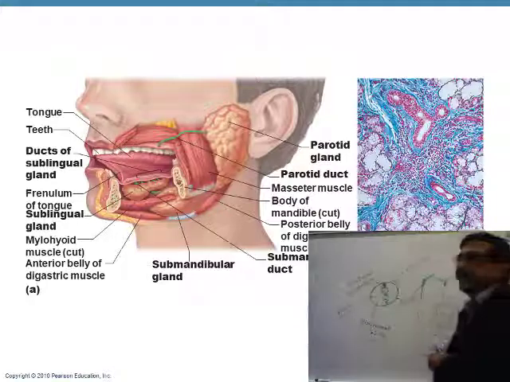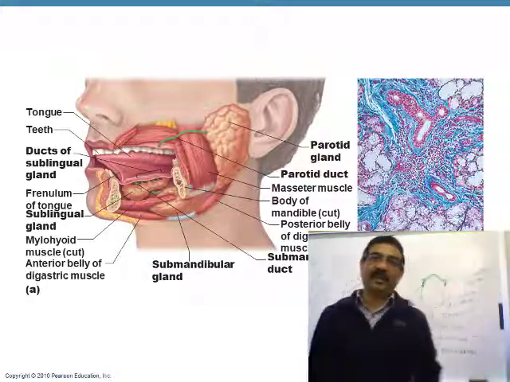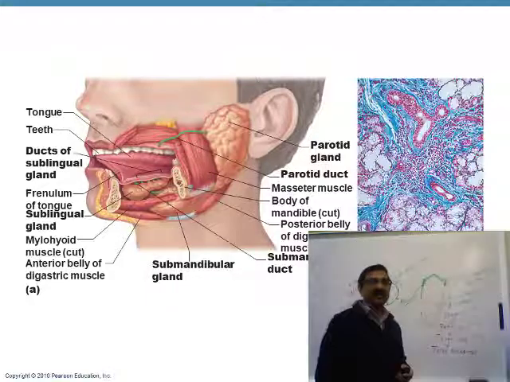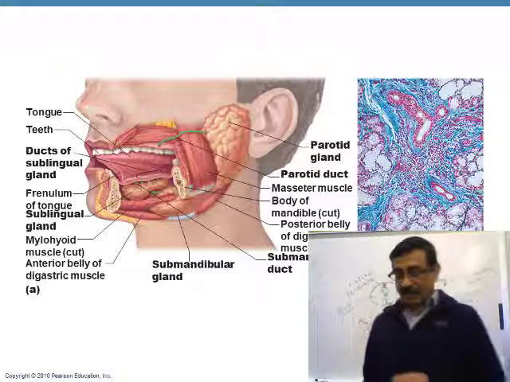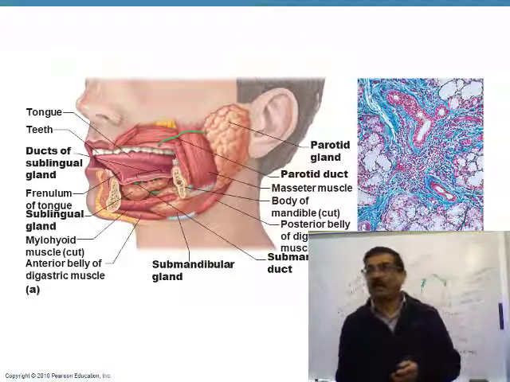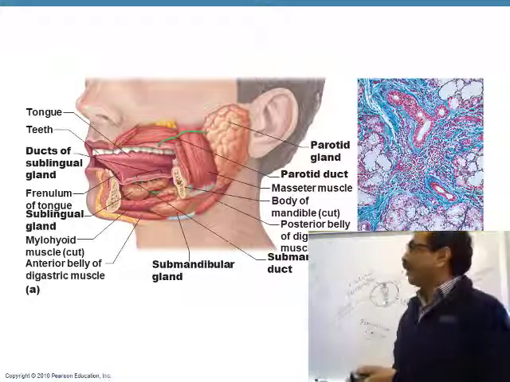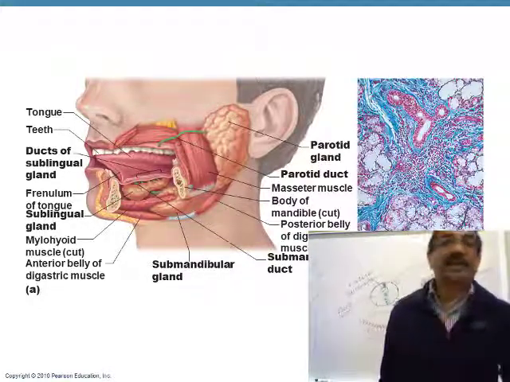And salivary glands continuously release or secrete saliva into the mouth or oral cavity. The functions of the saliva are: saliva cleanses the mouth or oral cavity.